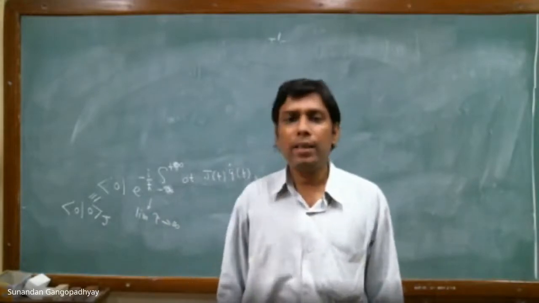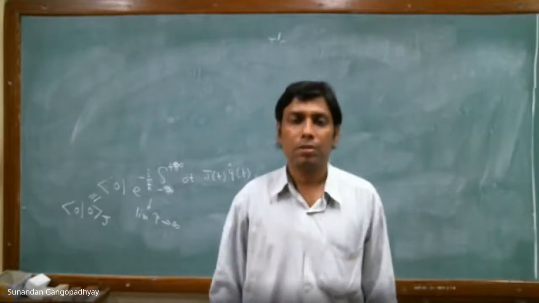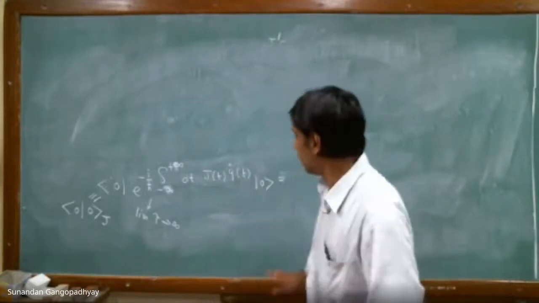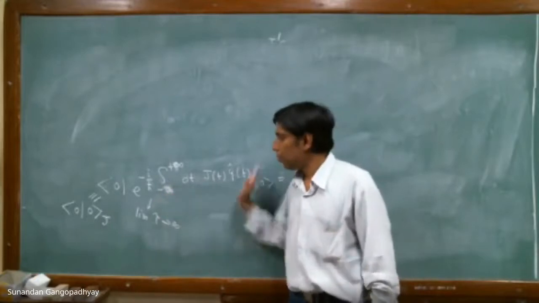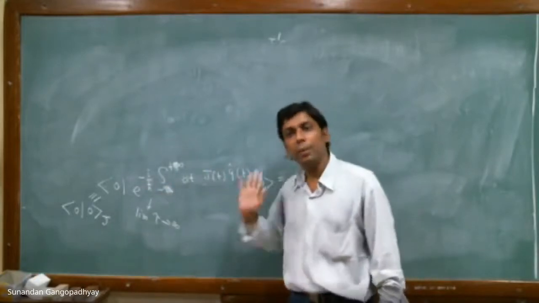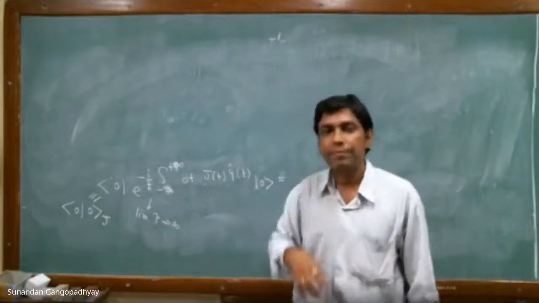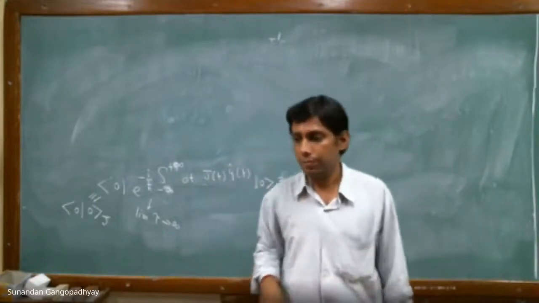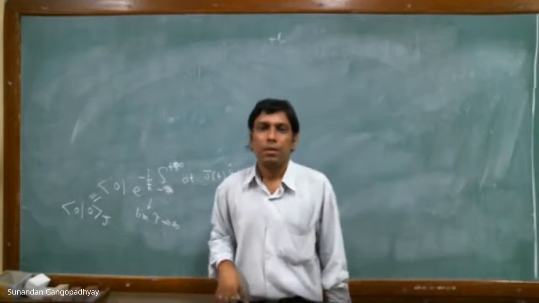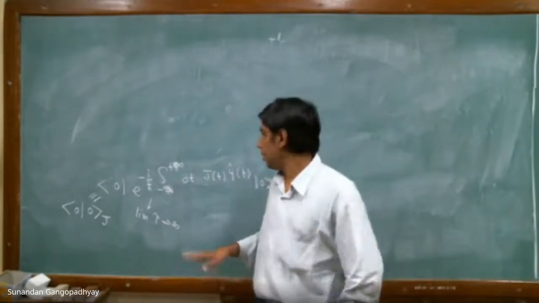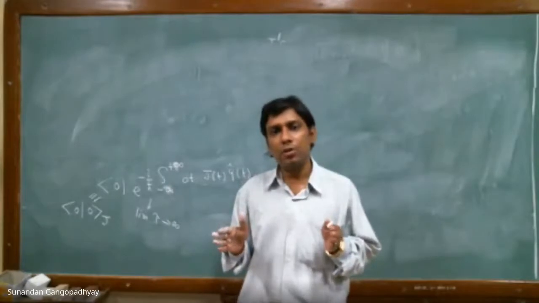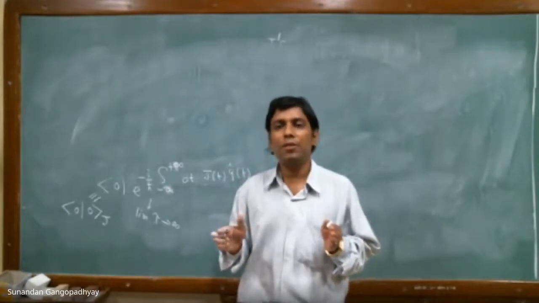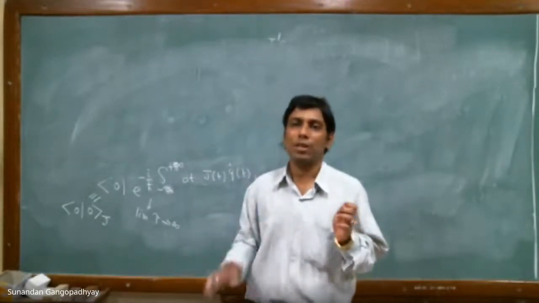Maybe I will not do it on the board. I just leave it to you to write this object in the path integral language. I can tell you the final answer. What you will get is, once again, the transition amplitude, the expectation value of the transition amplitude in the ground state.